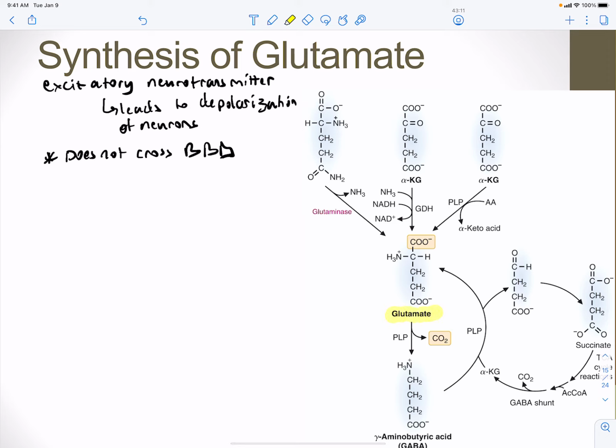So here's glutamate, and so you can do this via glutaminase, where you're taking glutamine and releasing nitrogen, or you can use alpha-ketoglutarate and glutamate dehydrogenase, or you can use alpha-ketoglutarate and use a transamination reaction with PLP.